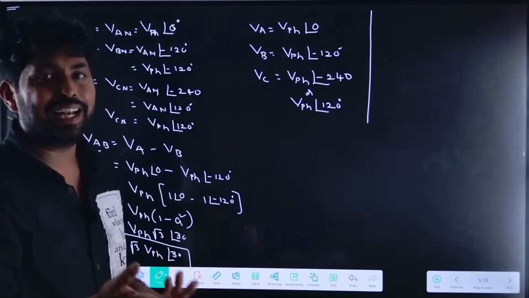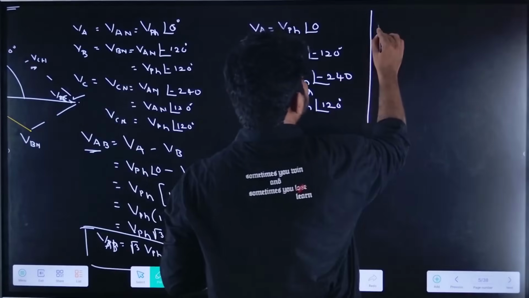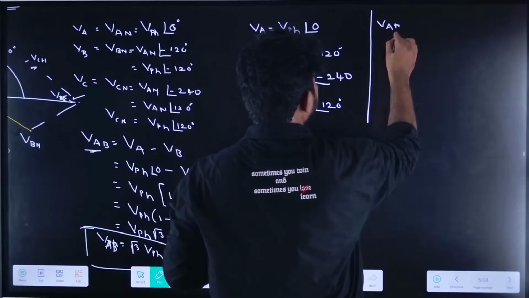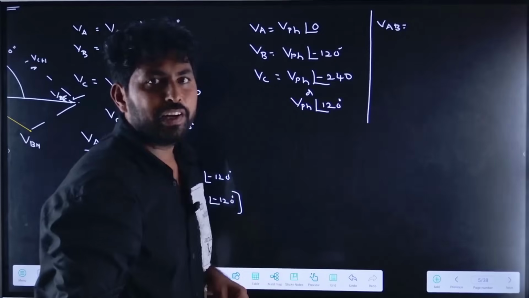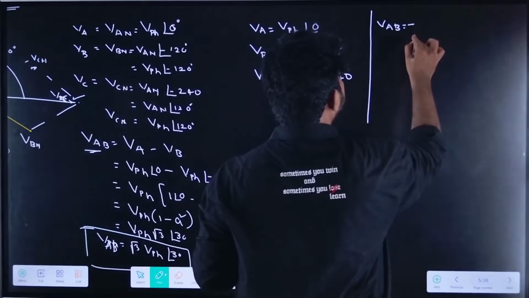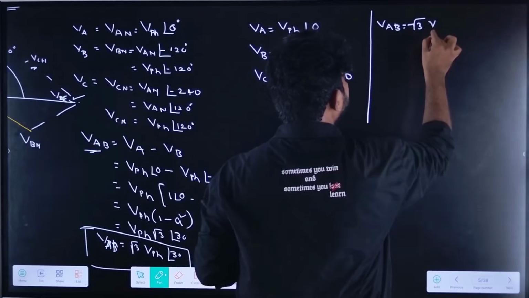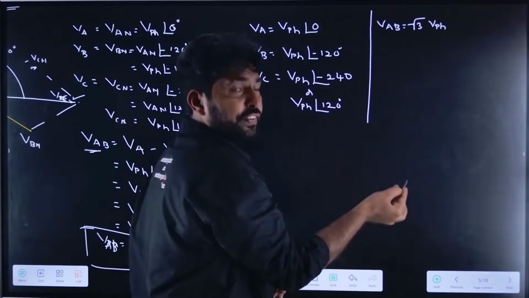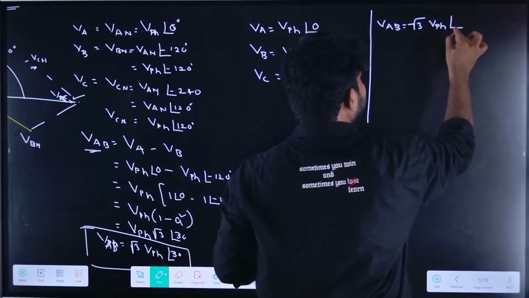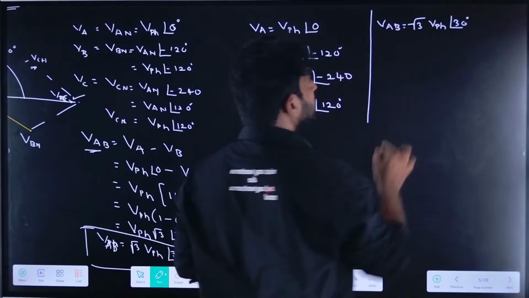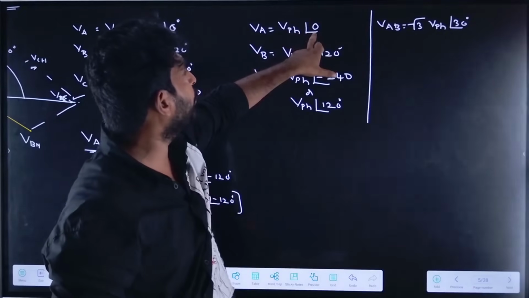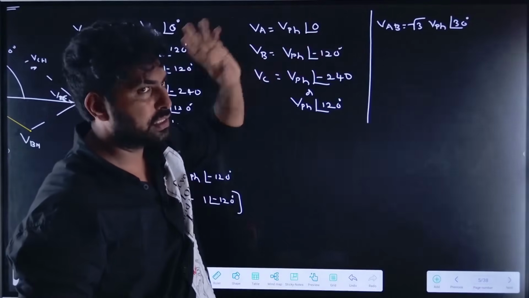Now let us write the line voltages. What is the line voltage VAB? We got root 3 into V phase at an angle 30 degrees. Why is it 30 degrees? We have taken the reference vector as A phase. Remember that point.